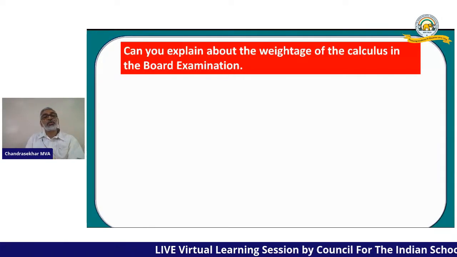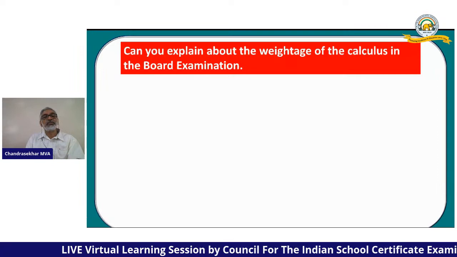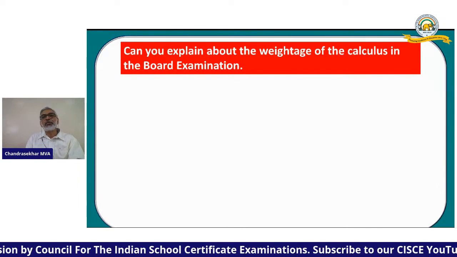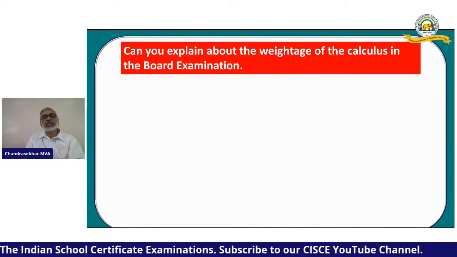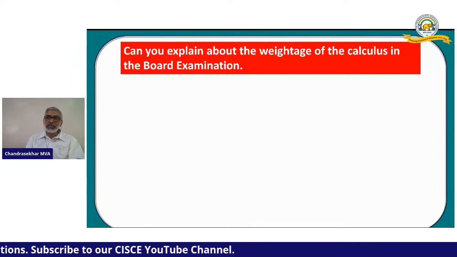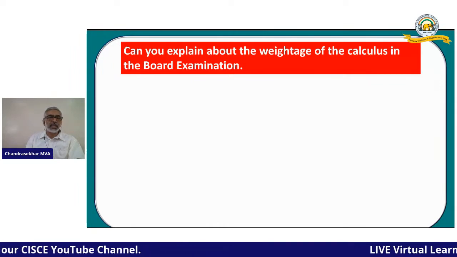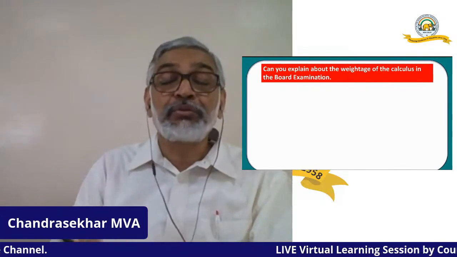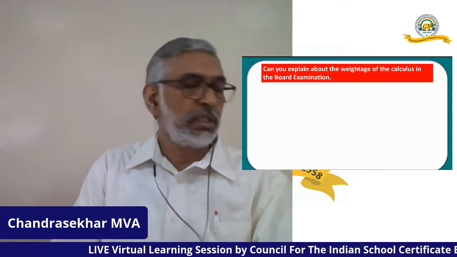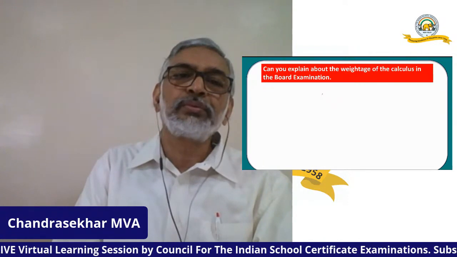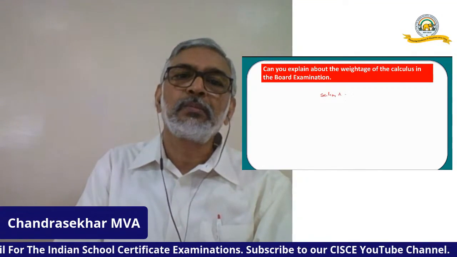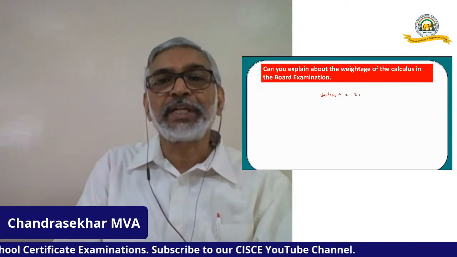This is today's last question for this session. Can you explain the weightage of calculus in the board examination? In the board examination, calculus has a greater weightage. If you observe the syllabus, Section A consists of 32 marks weightage.